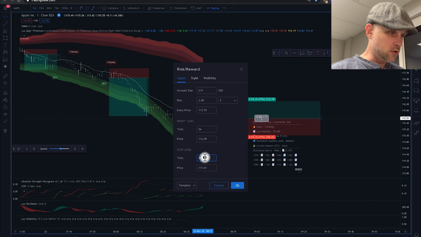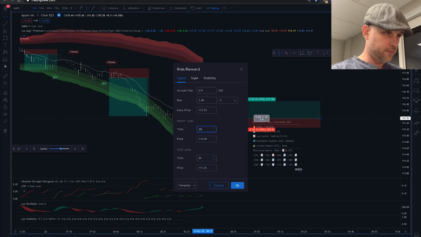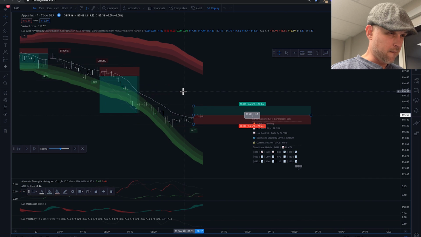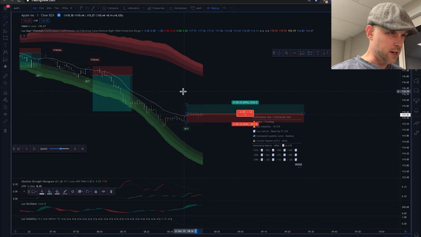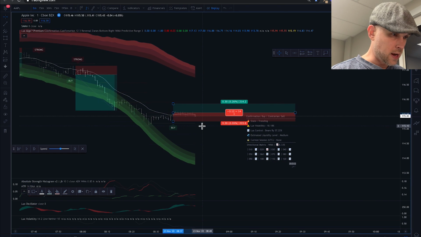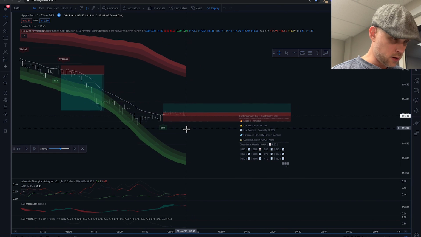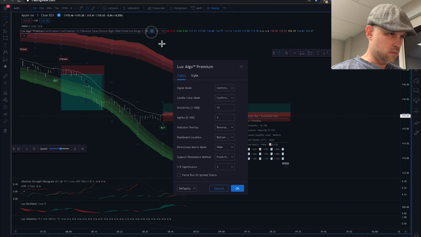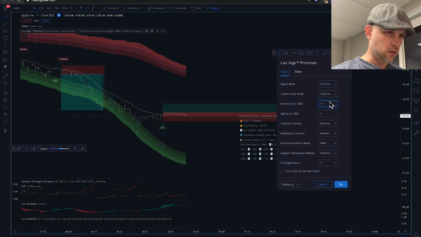It's 15, so we've got to go 30. And we went into consolidation, it looks like. Okay, so now we have a strong signal there.